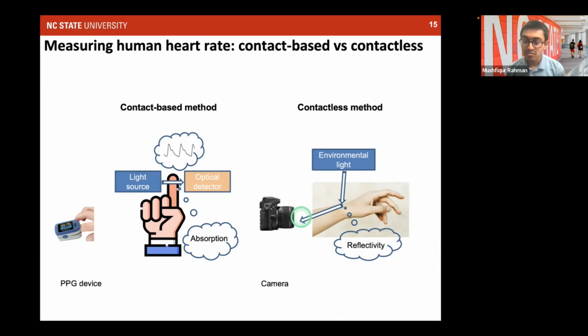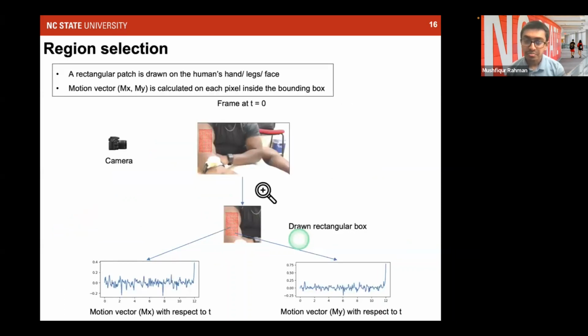This is the information that we can process to detect the heart rate. Similar to the breathing rate estimation, we also make our task a lot easier by selecting a rectangular bounding box on the human skin, such as on a human hand, face or leg. So we only focus on the brightness of this region.